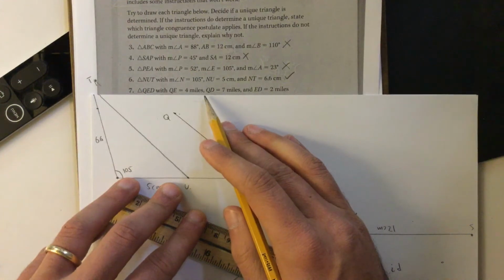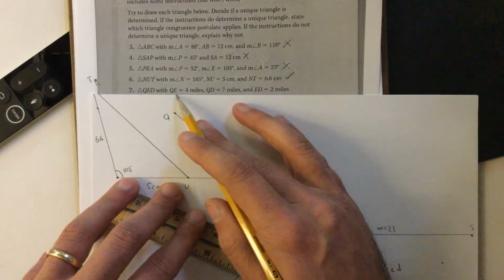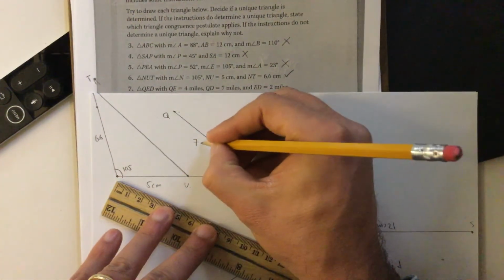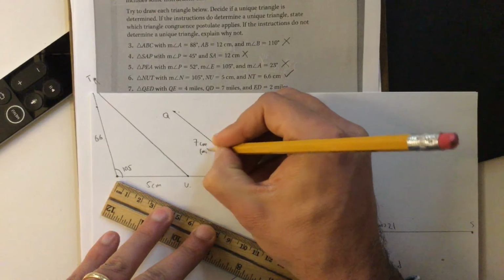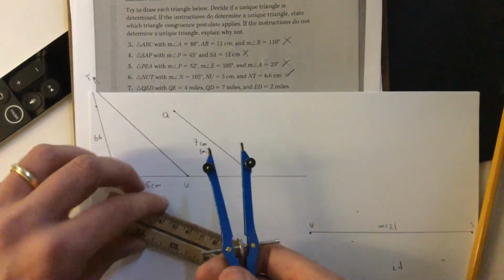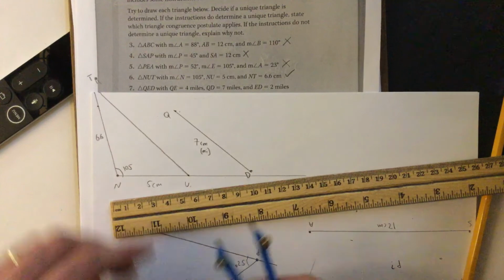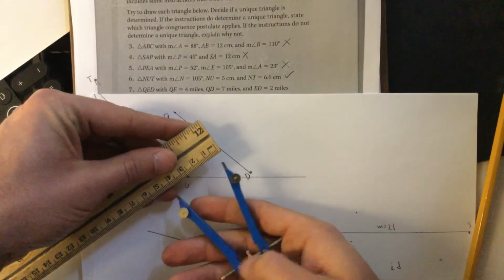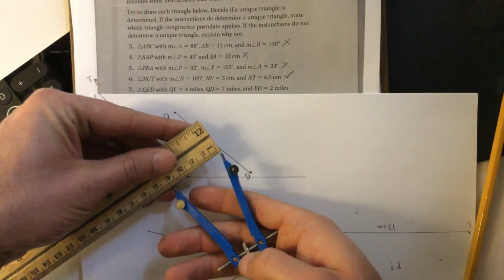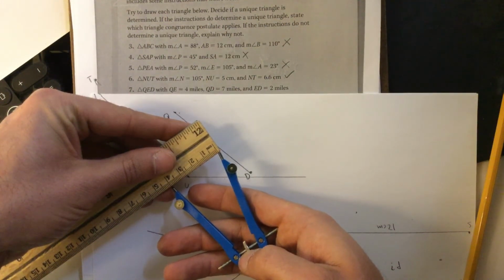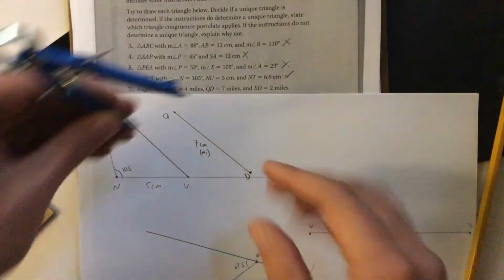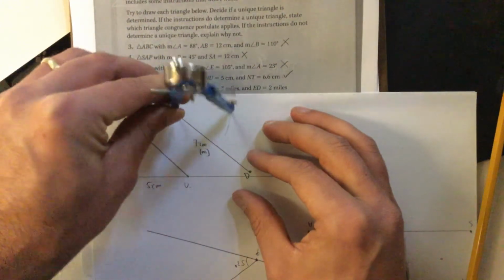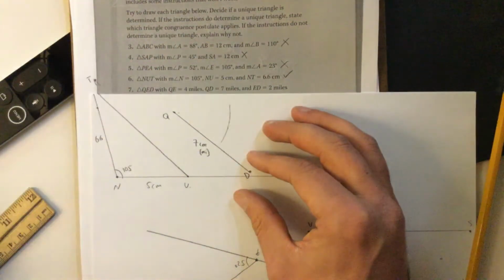Then let's draw QE, which is 4 miles, which I'm going to convert, of course, to centimeters. But for this one, I'm going to use my compass, and I'm going to need a 4 centimeter measurement. Okay, so then I'll take my point to make the center on Q, and then draw some arc that hopefully meets in between.